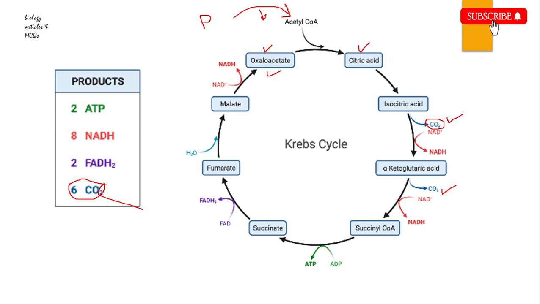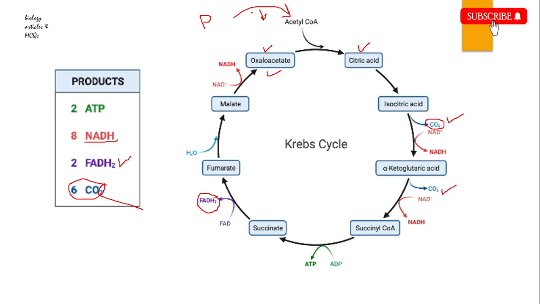So when we double the molecules of carbon dioxide, there will be a total of 6 carbon dioxide. Next, we will talk about the FADH2 molecules that are forming. There is simply one FADH2 molecule formed in one cycle, and double the FADH2 molecules in the 2 cycles.